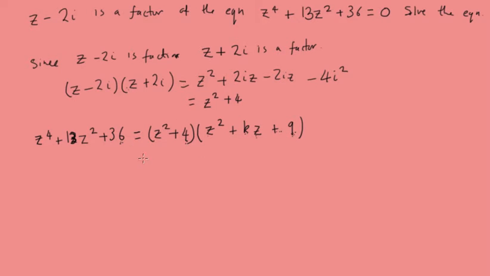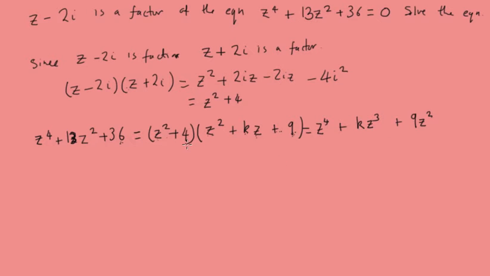So now let's do what we did previously, and we'll multiply through with the z squared. So we'll get z to power 4, then plus kz cubed, plus 9z squared.